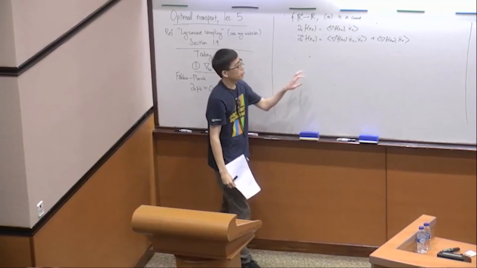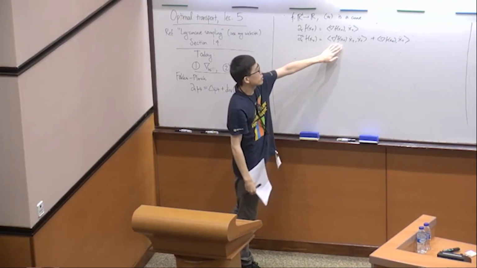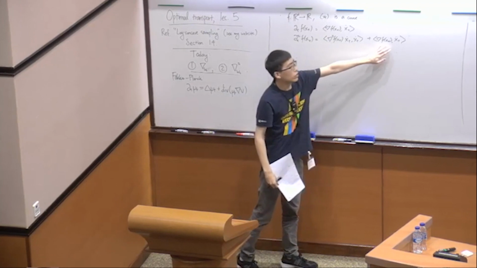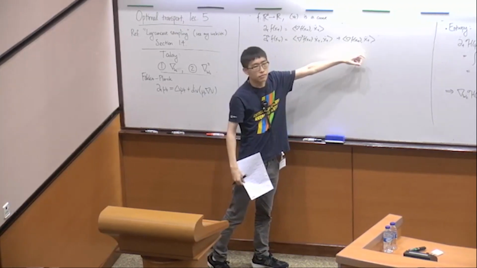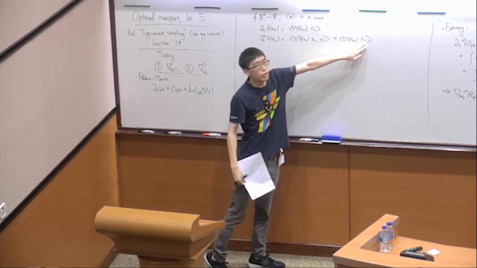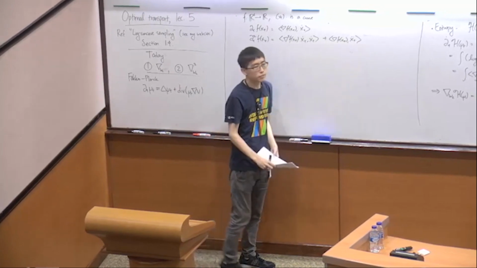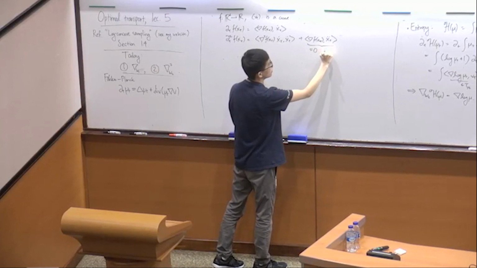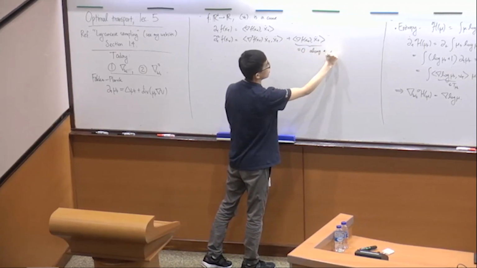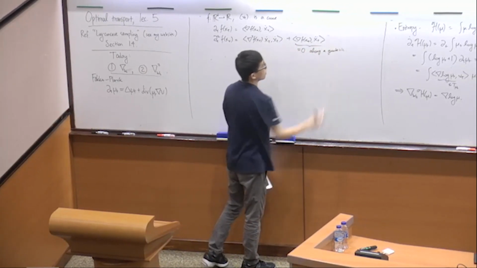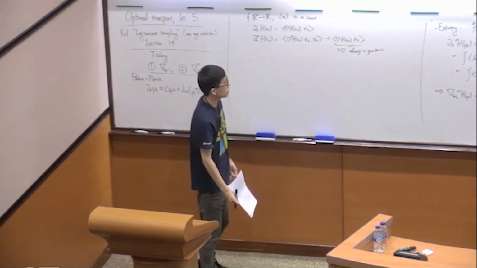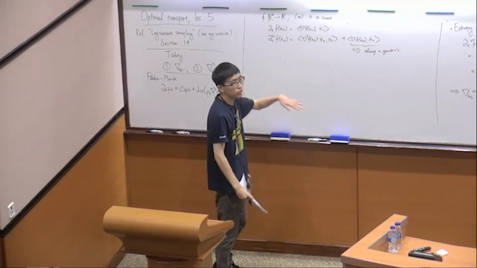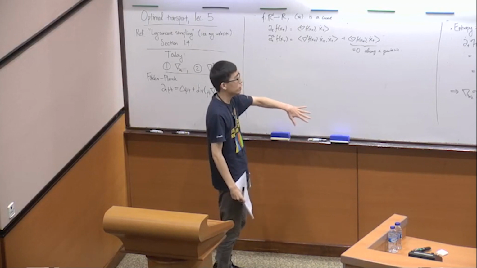Okay, so the point is, in order to get at this Hessian term, I don't want this second term. But this second term involves the acceleration of my curve. So in general, this acceleration will be 0 along a geodesic. And that's the idea behind the Hessian computations we're going to do. We're going to restrict ourselves to Wasserstein geodesics.